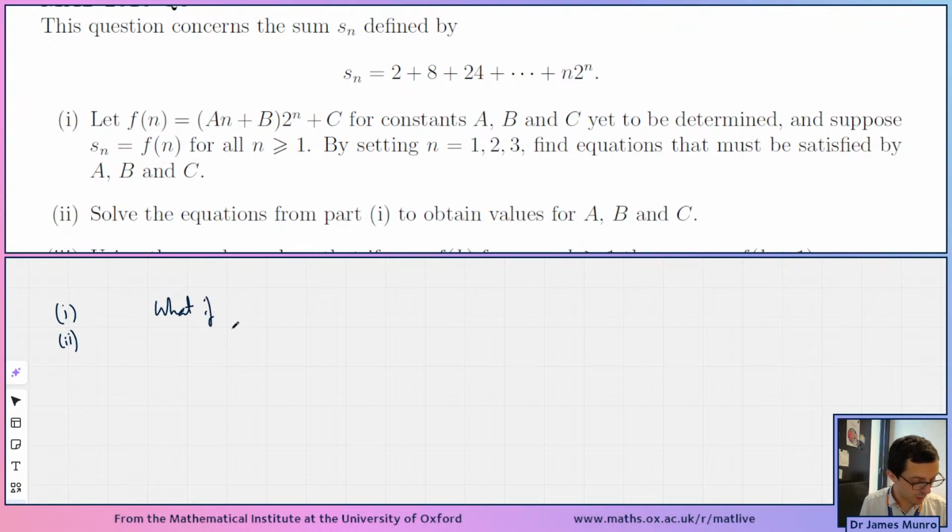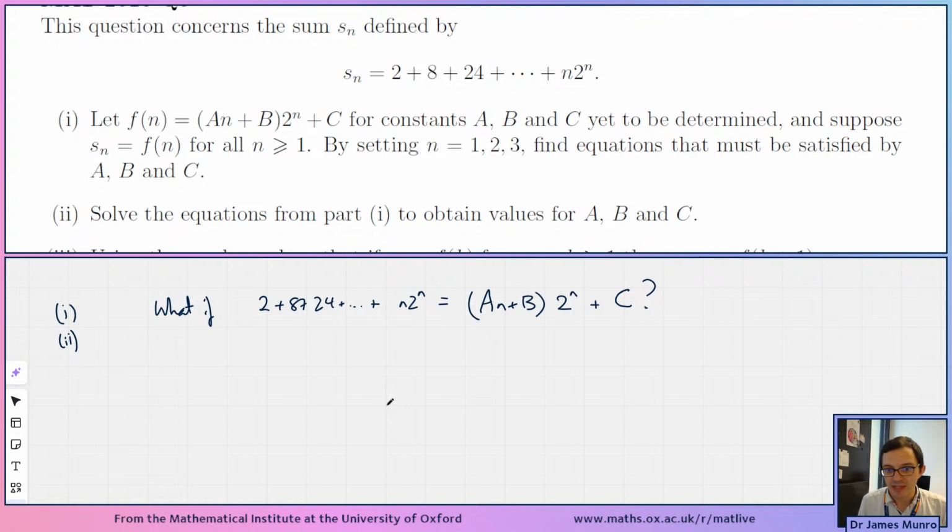just imagine, what if 2 plus 8 plus 24 plus ... plus n 2 to the n was equal to this? It is really not obvious, I think, why it should be this.